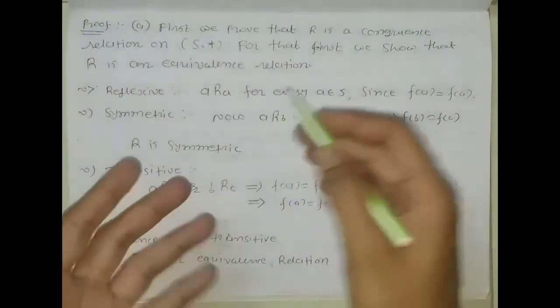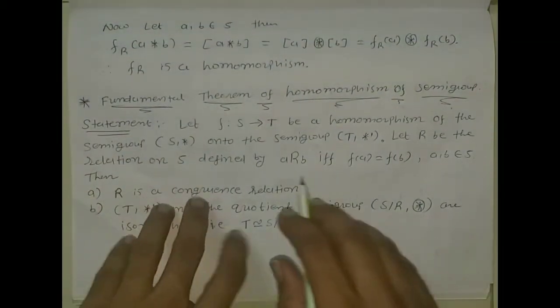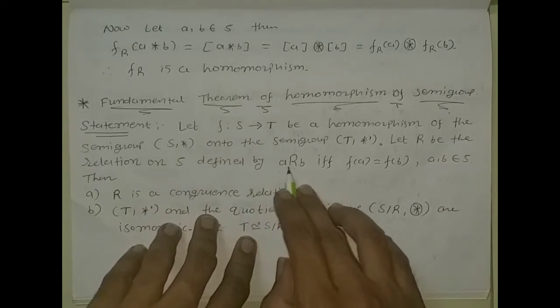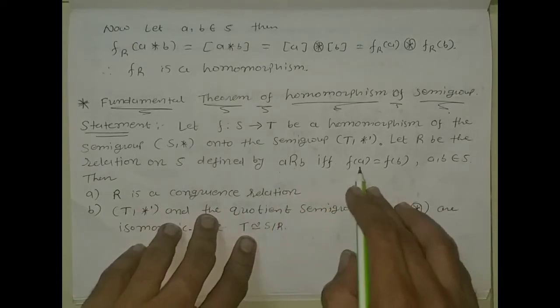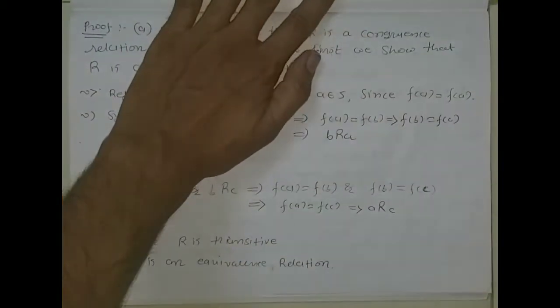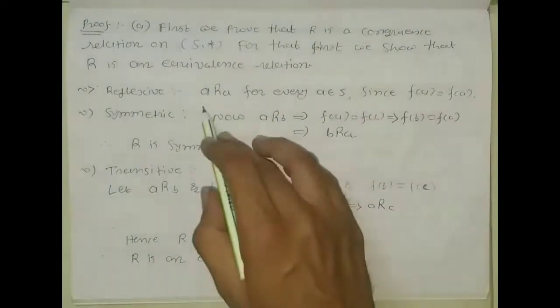How is our relation defined? A is related to B if and only if f of A is equal to f of B. So f of A is equal to f of A for all A belongs to S, so A is related to A.